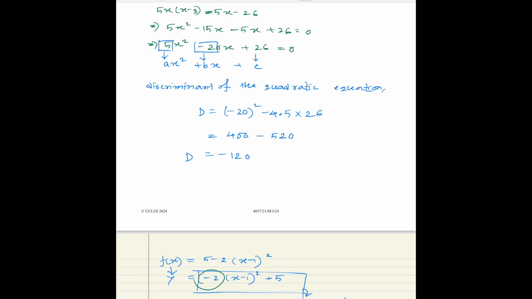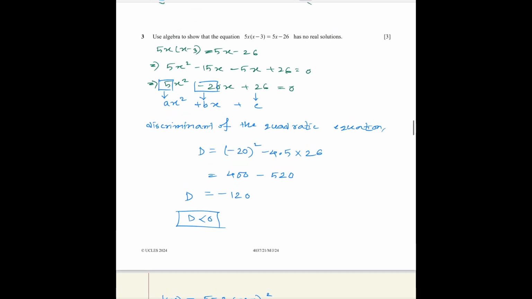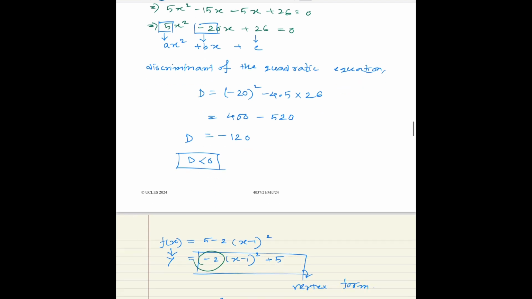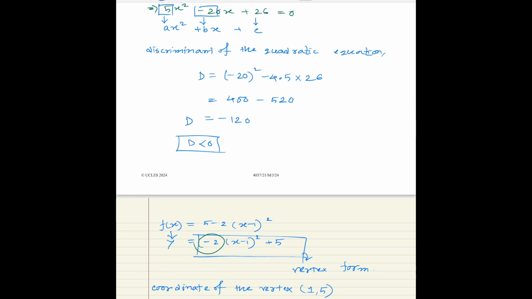So as d is less than 0, from theory we know that if the discriminant is less than 0, the equation will not have any real solution.